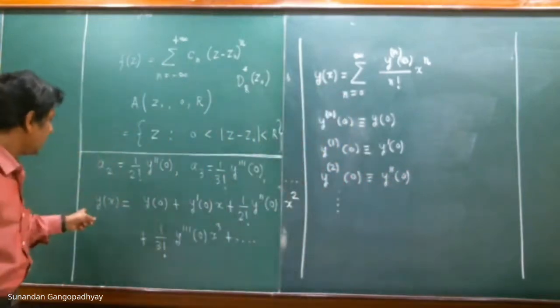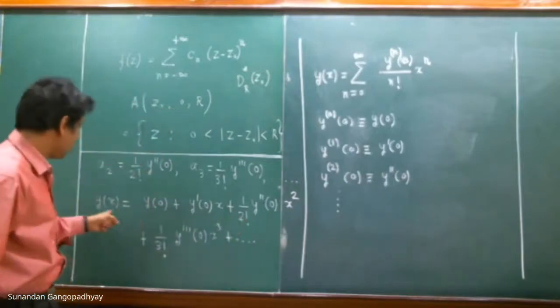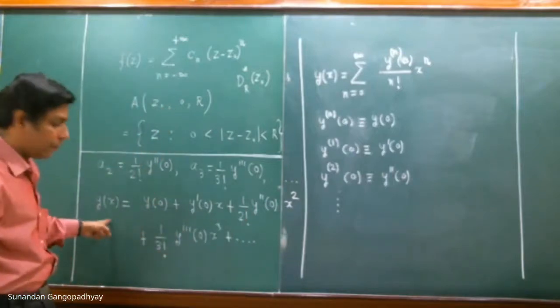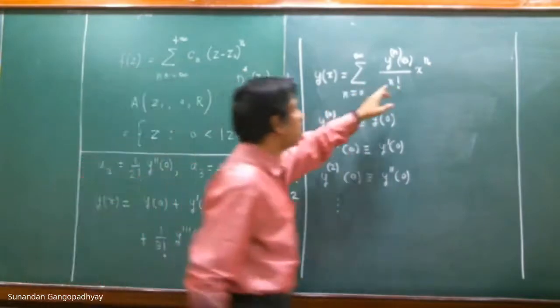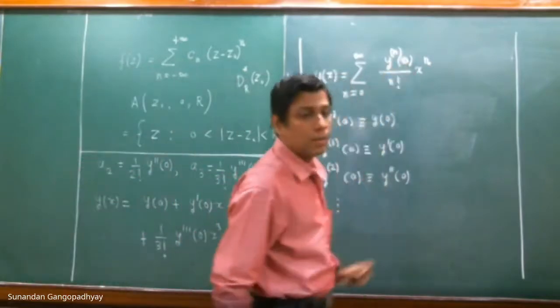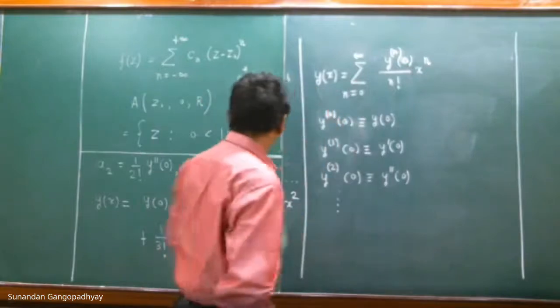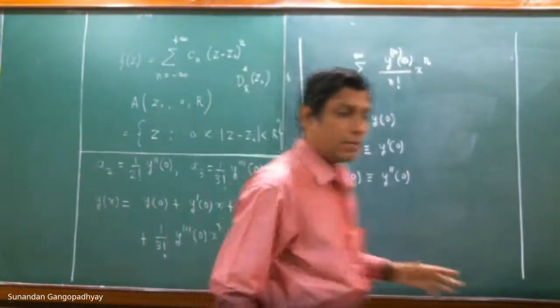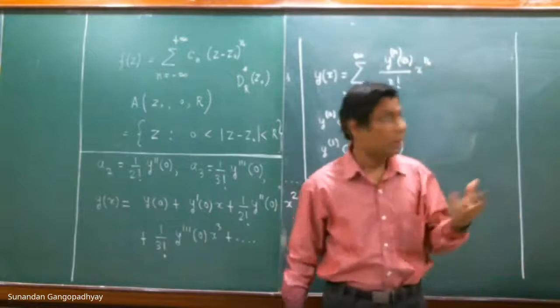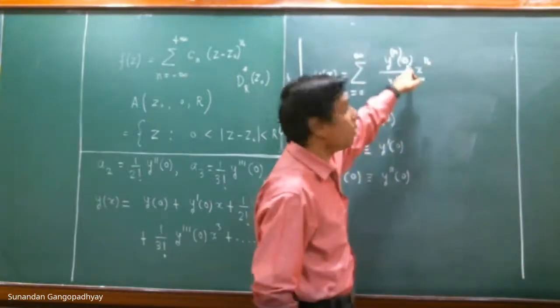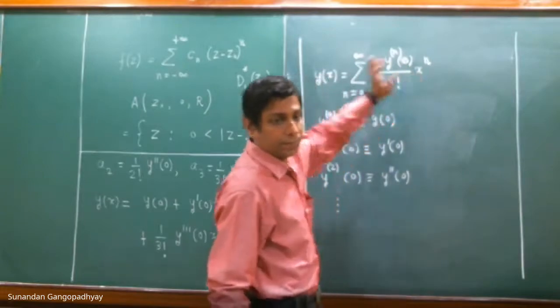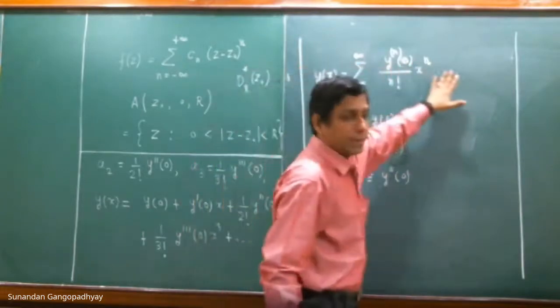So you can see that you can write down this y of x, this function of a real variable x, this way, in terms of the derivatives evaluated at 0. So you remember that the power series expansion of that function is basically an expansion of the function around the point x is equal to 0. And you can write it down in this way.